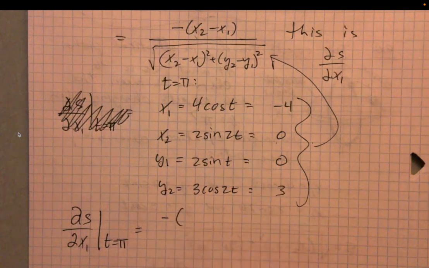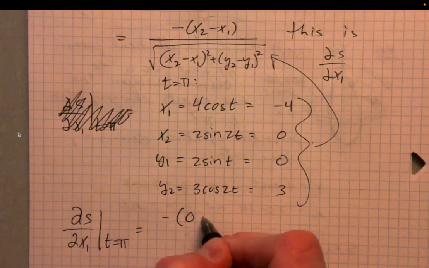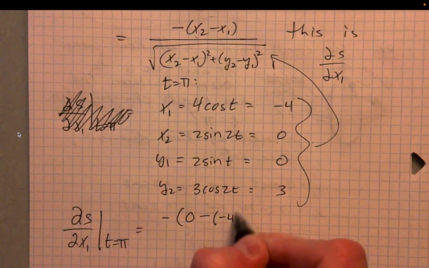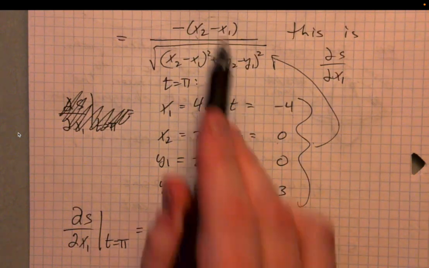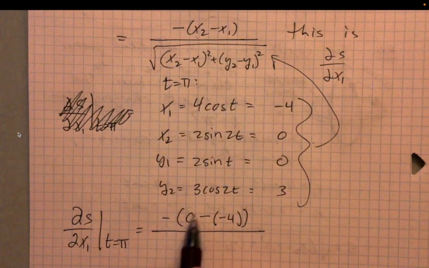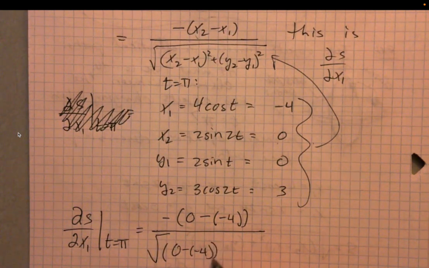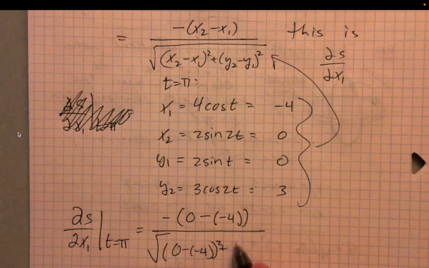So let's write them all in there. So negative, then you get 0 minus negative 4, right? x1 is negative 4. And then down below, you would get the square root of 0 minus negative 4 squared plus 3 minus 0 squared.